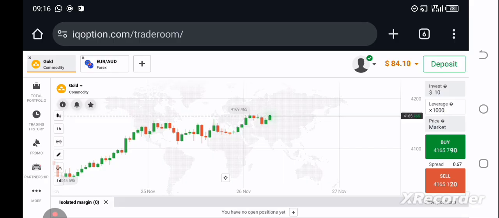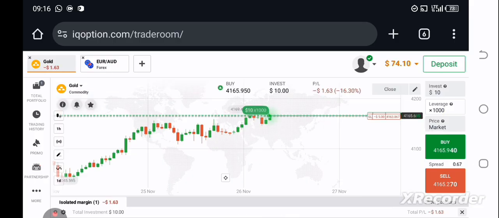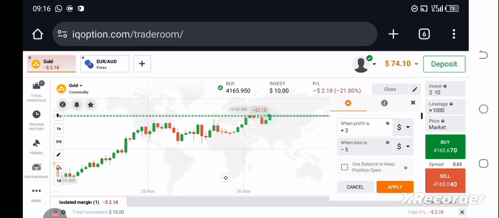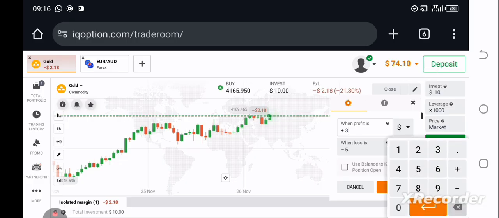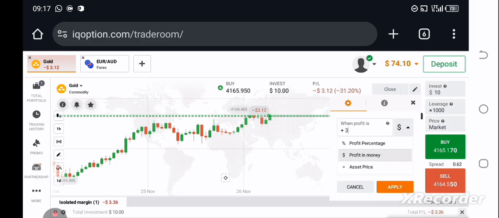So this is the 1 hour chart. So I'm going to open a position with the buyers. 10 times 1000, that will give us a trading volume of 10,000, and then take profit at plus, let me see, profit in money, let me put profit in percentage.